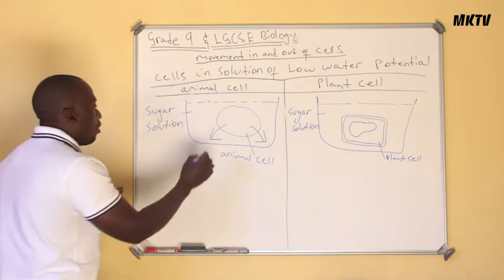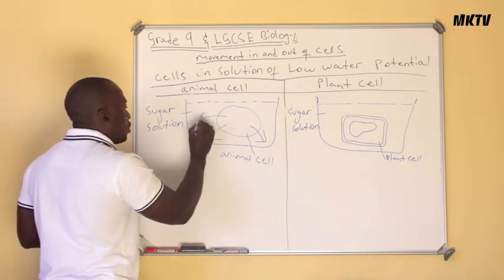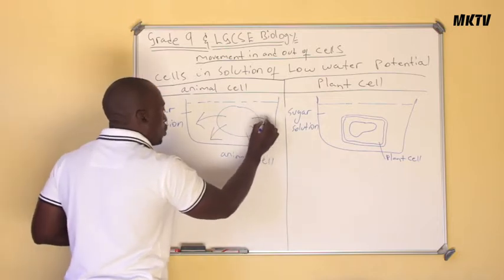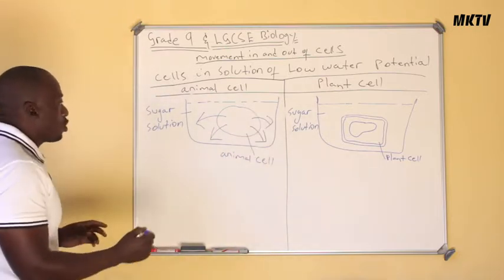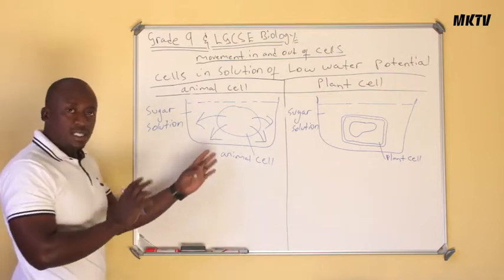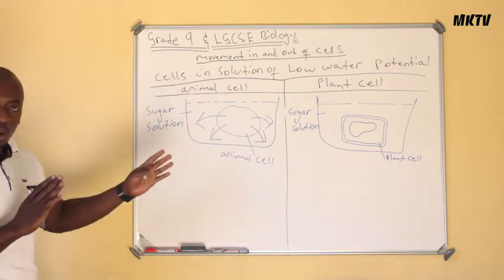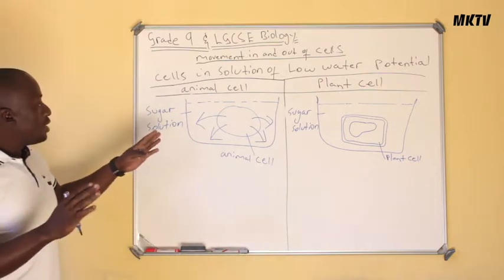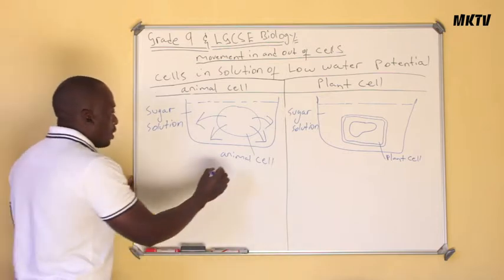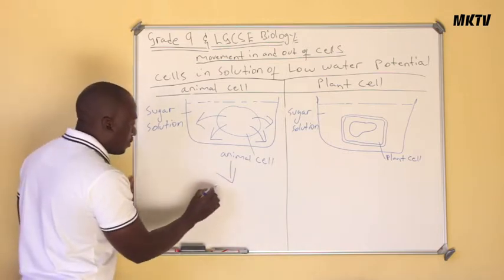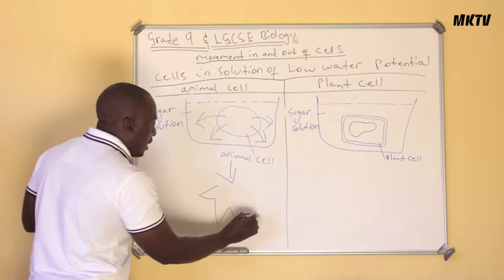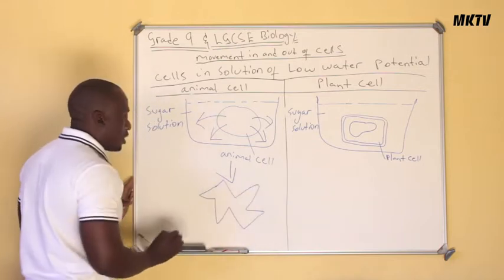So if an animal cell is going to lose water to the sugar solution, this is what is going to happen. An animal cell is going to lose the water, and as it loses the water, the animal cell is going to shrink.